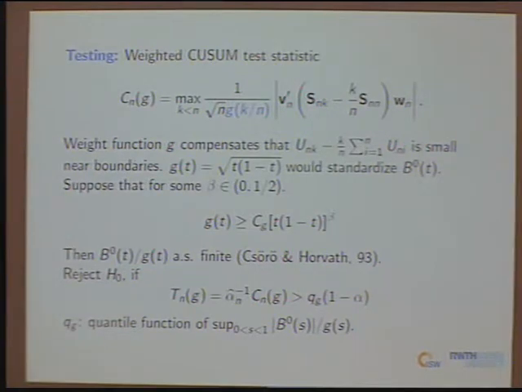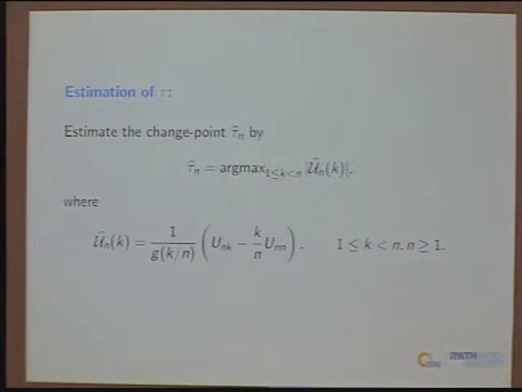And so we get here a beta parameter which has to be strictly less than 1/2. Then we again standardize the weighted Q-sum by an estimate of the asymptotic variance. Now we have to simulate the quantile function here, that is, the supremum of the Brownian bridge with this weight function, but this is not a difficult thing. It is very easy, about 10 lines of R code.